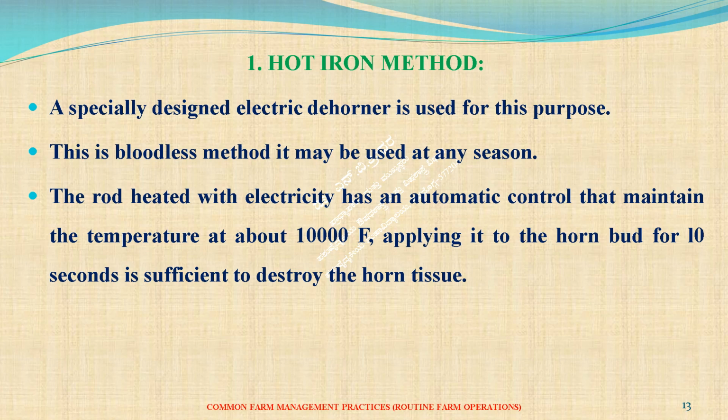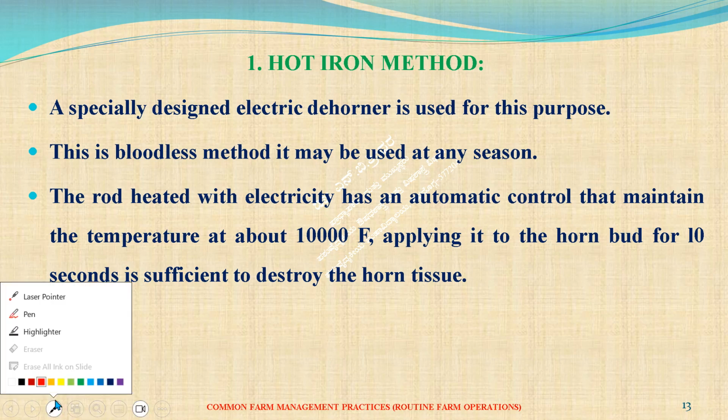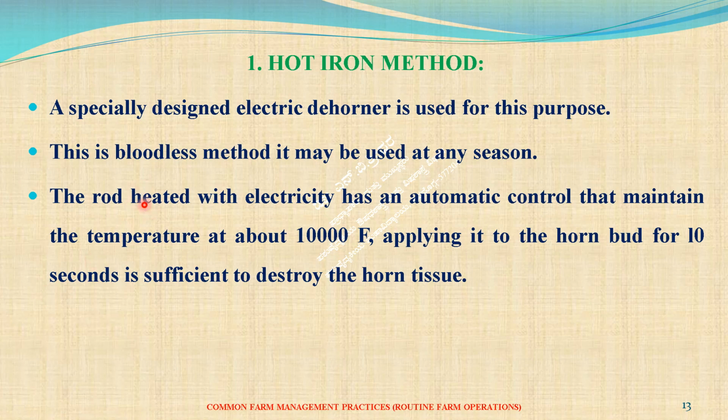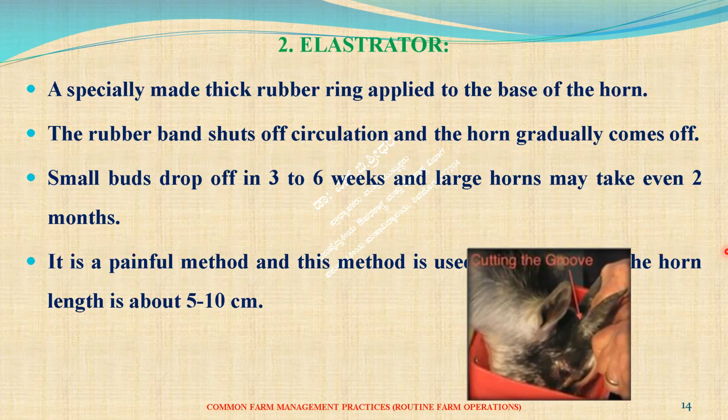The rod, heated with electricity, should automatically control and maintain the temperature above 1000 degrees Fahrenheit. Applying it to the horn bud for 10 seconds is sufficient to destroy the horn tissue.